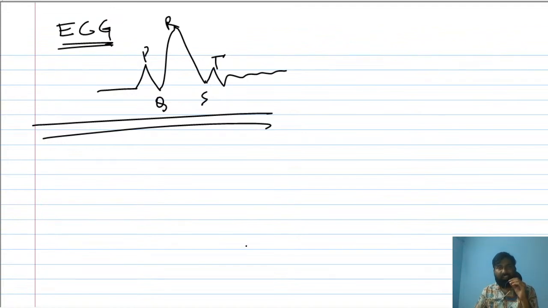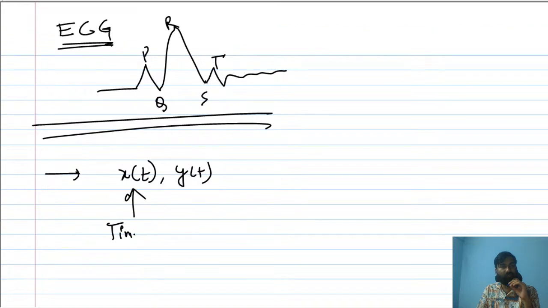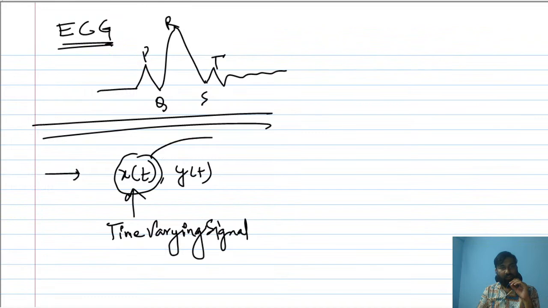Any signal, if it is one-dimensional, is always modeled as x of t, a function of time, x of t or y of t. This is known as time-varying.